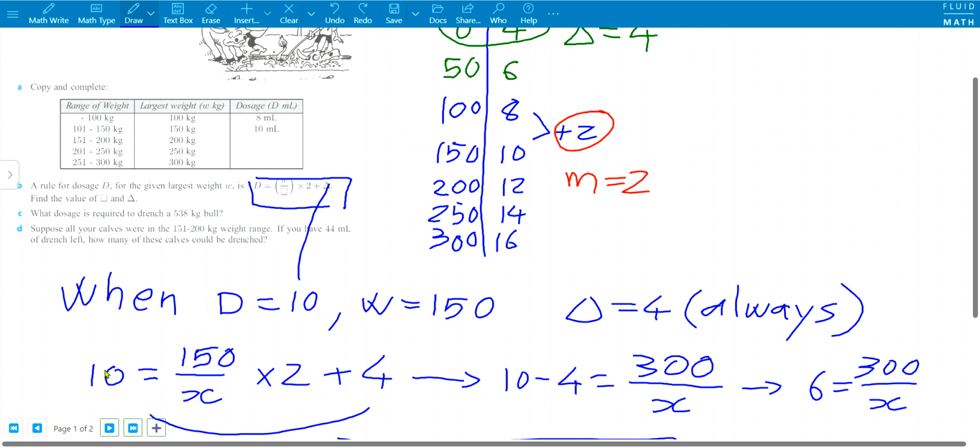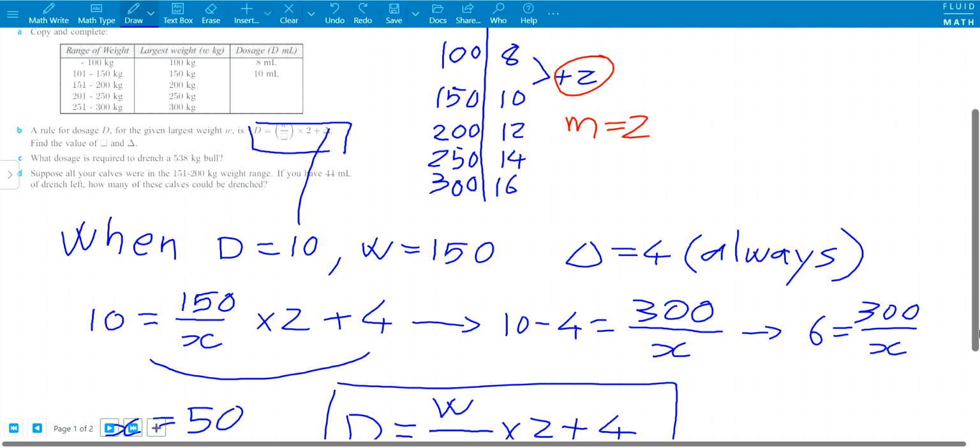And now I substitute those values into the formula that I have been given, and I've got 10 equals 150 over x, I put an x instead of the square because that's something I need to work out, times 2 plus delta, which was 4. I move the 4 to the other side, and that gives me 10 minus 4 is 300 over x.